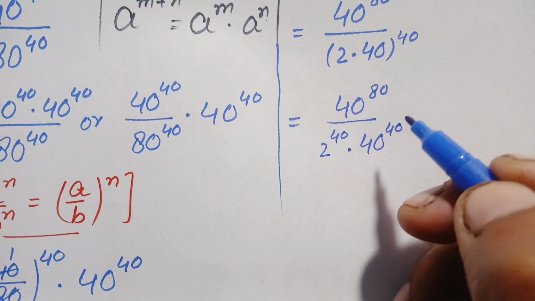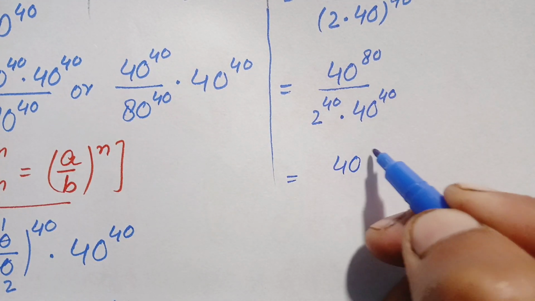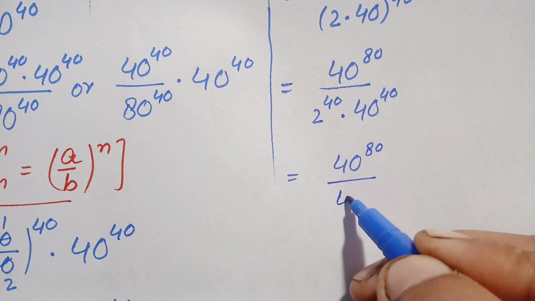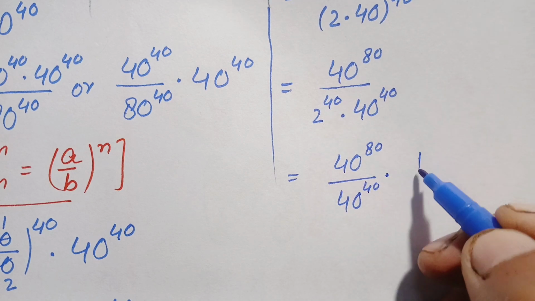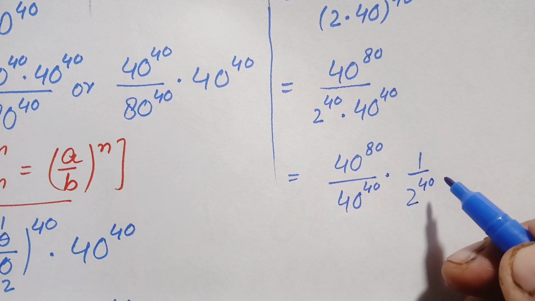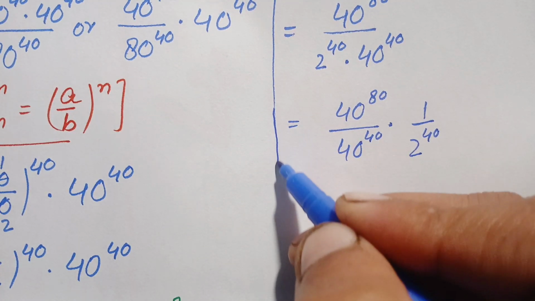Now next we can write this as 40 raised to power 80 divided by 40 raised to power 40 times 1 by this number 2 raised to power 40.